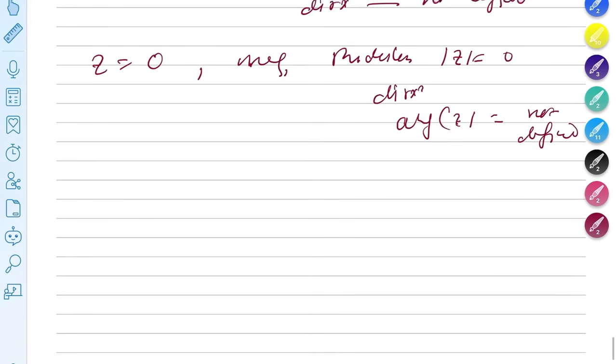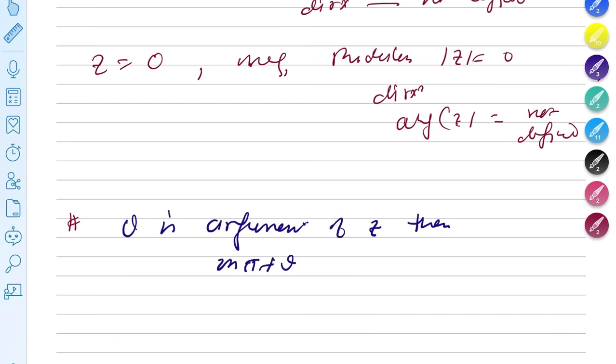So essentially I am ending here with the final notation: if theta is the argument of z, then 2n pi plus theta, where n is any integer, is the general argument, because it has infinite values.